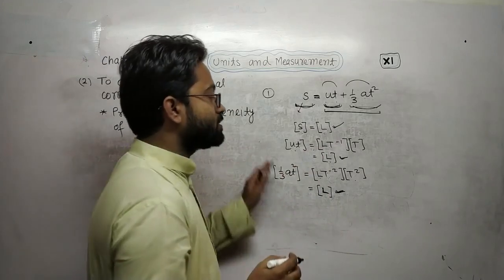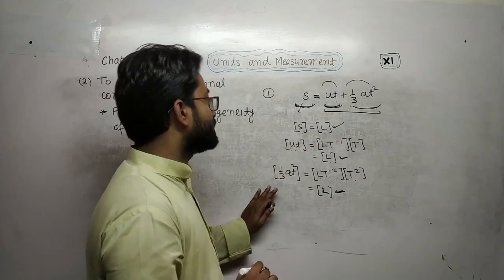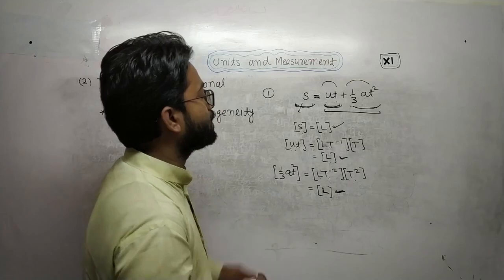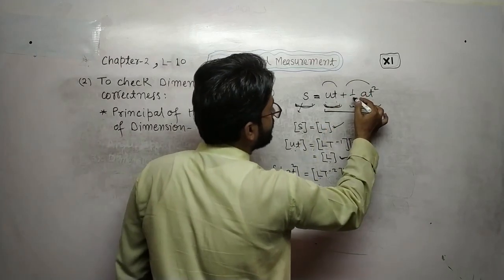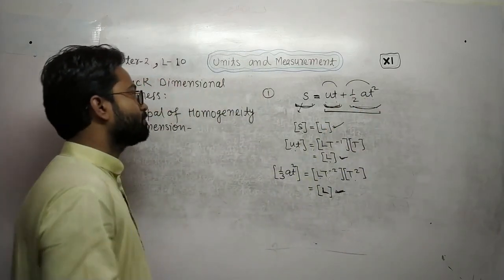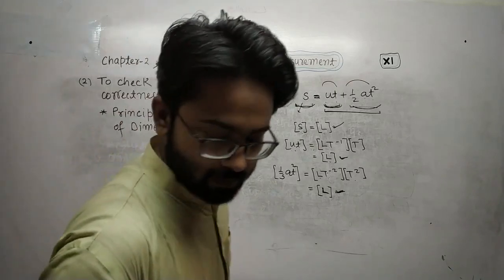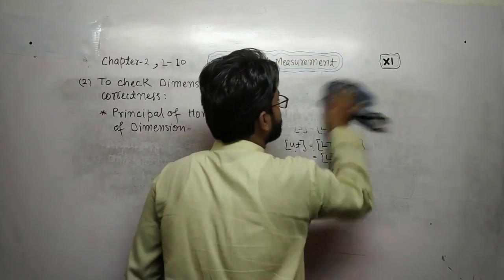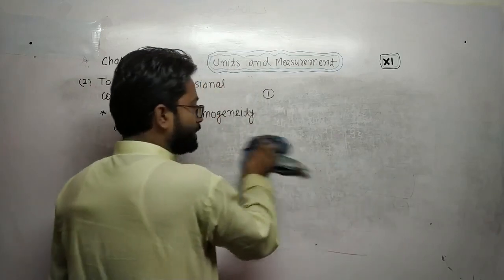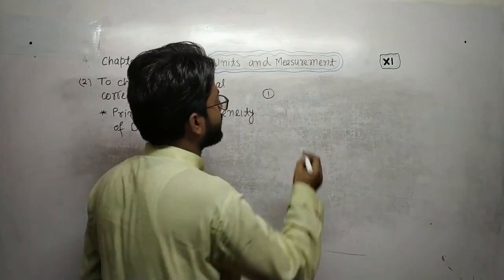That means this equation is dimensionally correct, but mathematically or theoretically it is incorrect, because this should be 1 by 2.